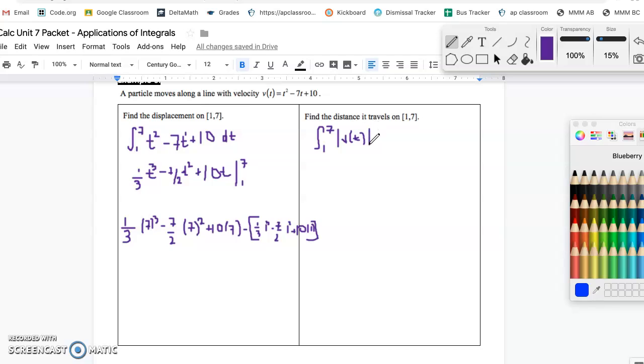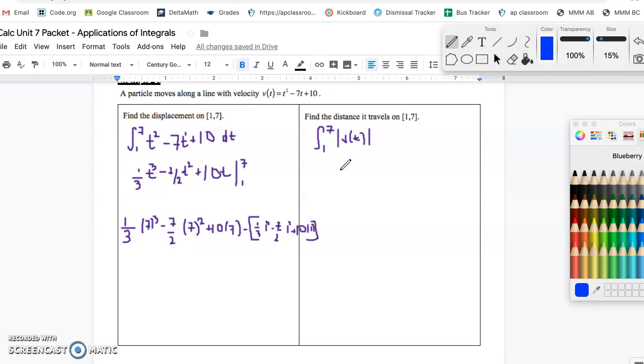So remember from last unit that we needed to split this into multiple integrals. So first thing I need to do is find out where v of t changes sign. So I'm going to factor it first, sorry.